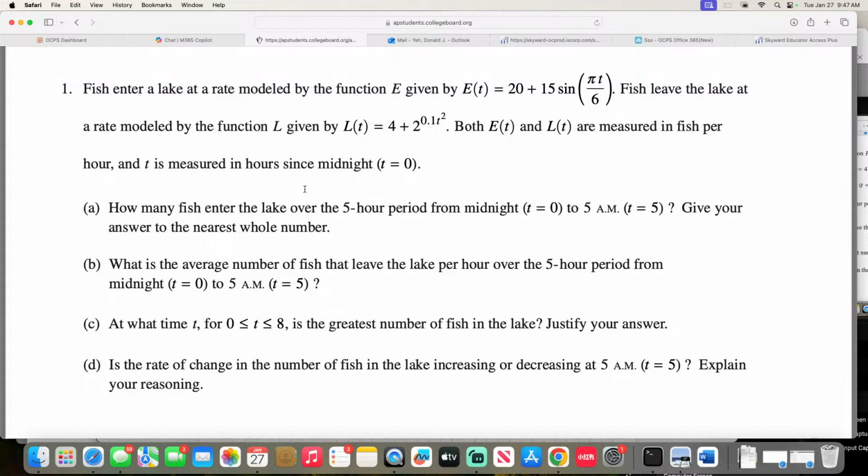And don't shout it out. What do you think? Write it down. What would you do with a calculator for part A? Even though I did not teach you, do you know what to do?